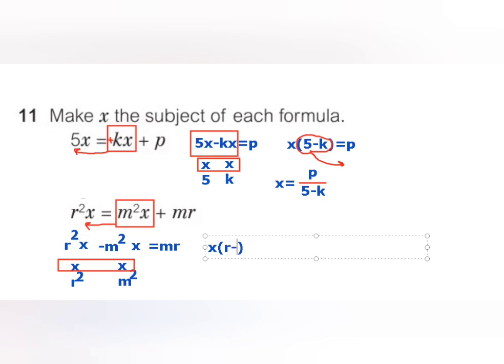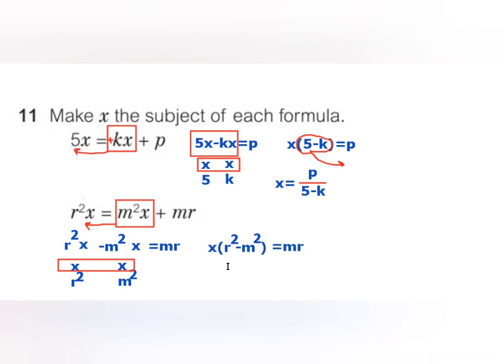So r power of 2 minus m power of 2, like this. And the x is common between them. And then we finish this equals mr.